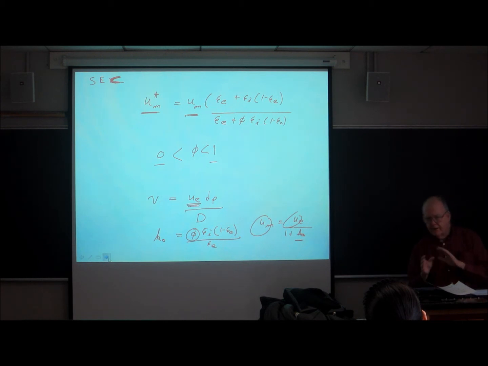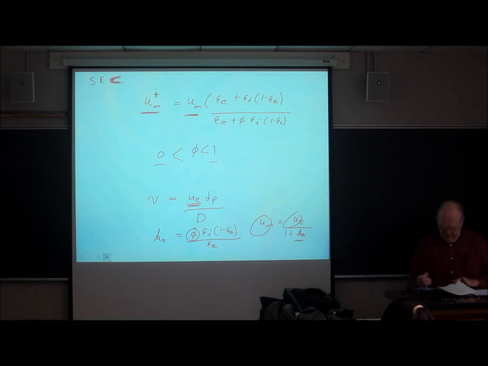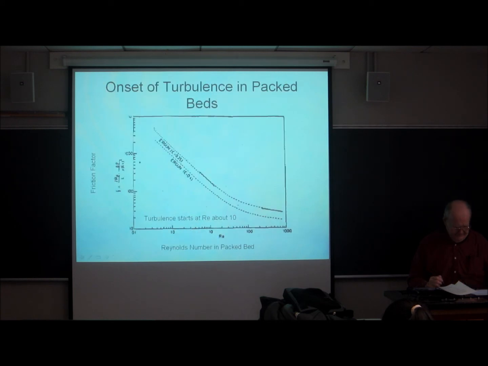So we have to worry about these different velocities when we're talking about mass transfer, and which one we worry about depends upon what kind of mass transfer we're talking about. I now want to get into issues related to pressure.